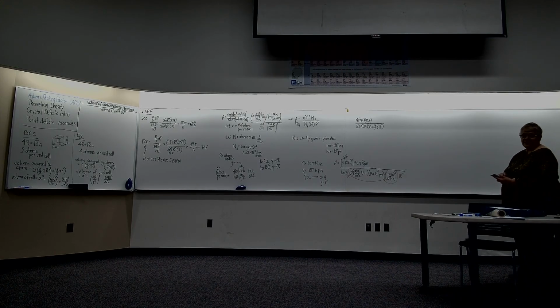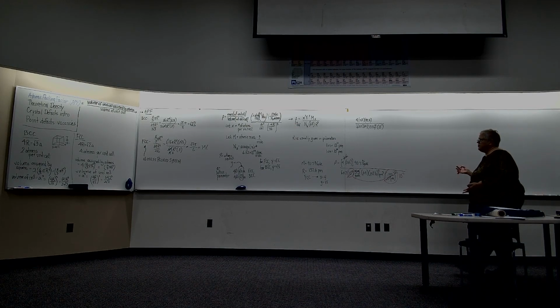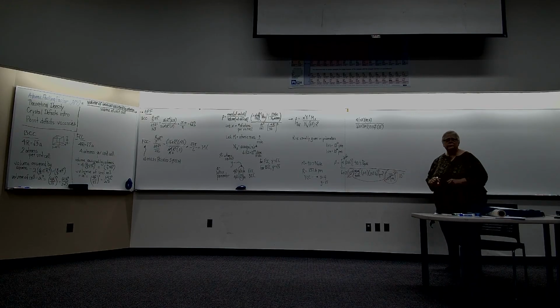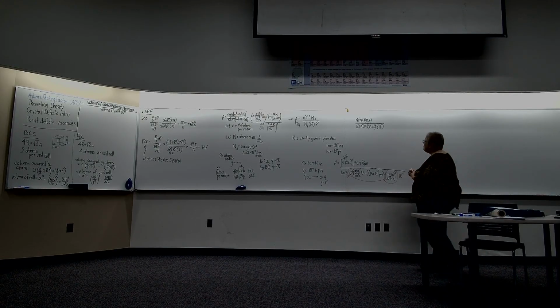That's what I get too. That's what you get? Yeah. Anybody else get 10.2? No? I'd like to have more than 2 people agreeing on a number. 10.2? Yep. Okay. So the density of whatever this hypothetical metal is 10.2 grams per cubic centimeter.